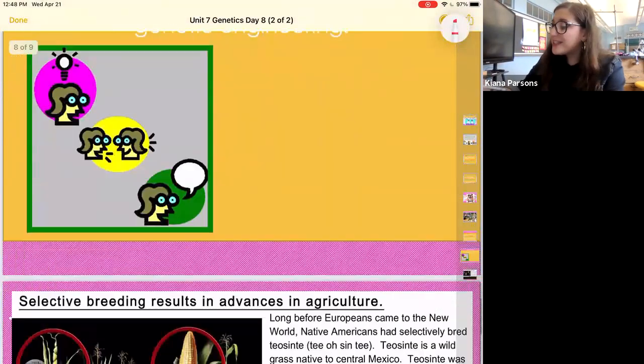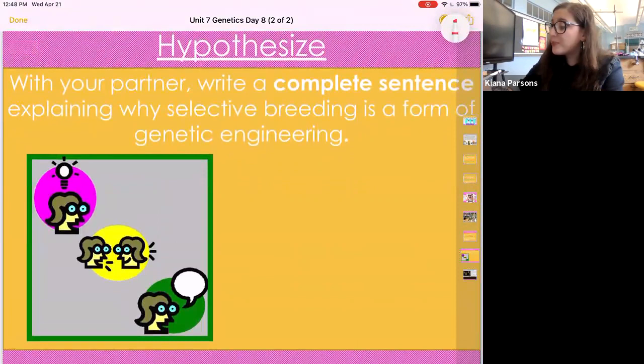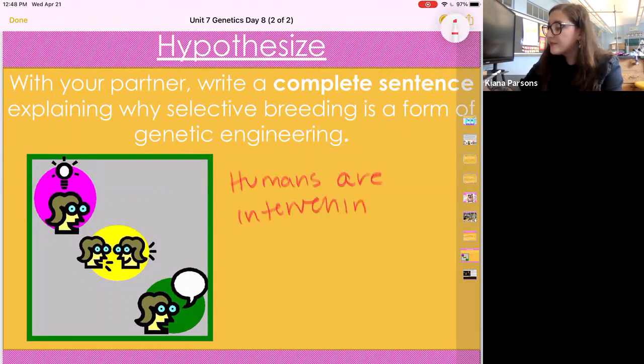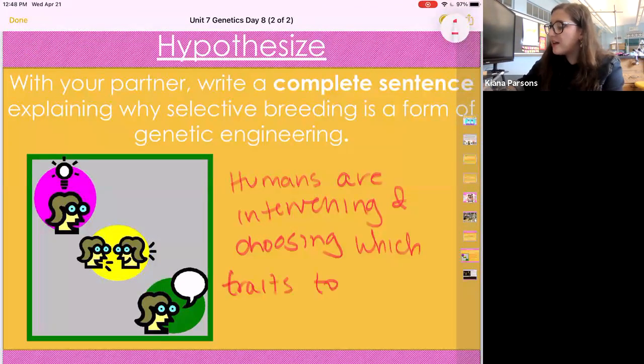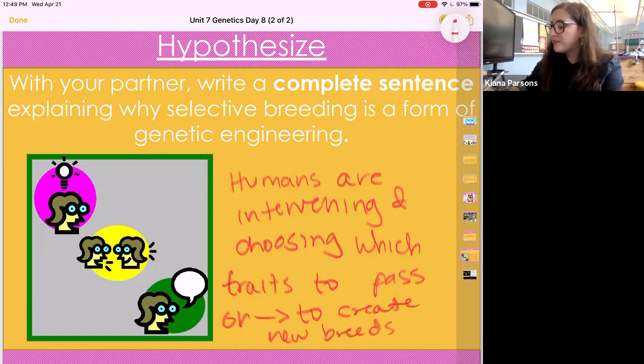So you might have said that selective breeding is a form of genetic engineering because humans are intervening and choosing which traits to pass on to create new breeds or new species, depending on how different they are from the original.